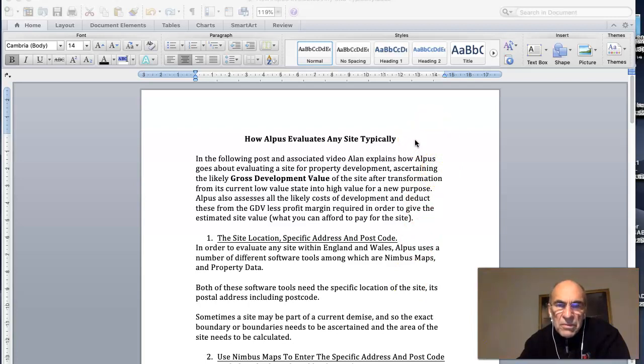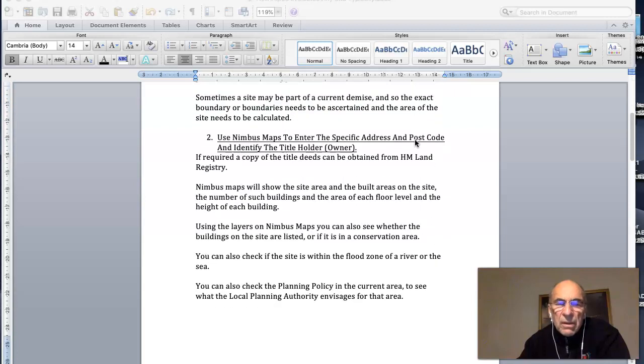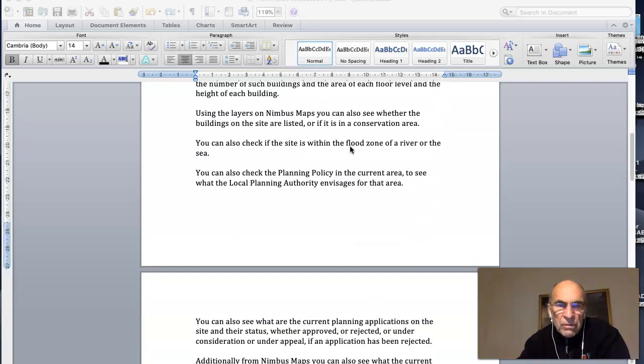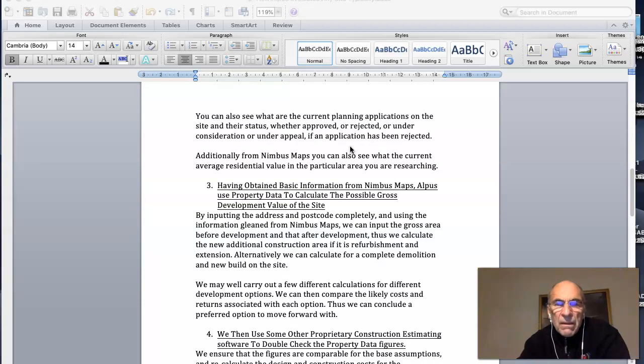Site location, specific address, postcode: we use Nimbus Maps to enter the specific address and postcode and identify the title holder, or we could use Search Land, or Land Search is another one, that do similar sorts of things.